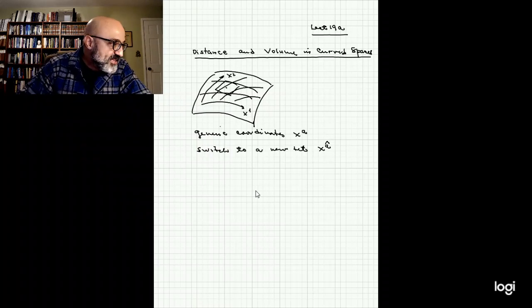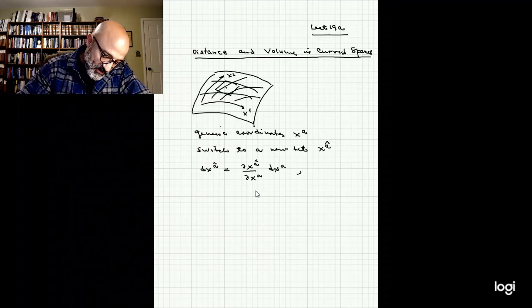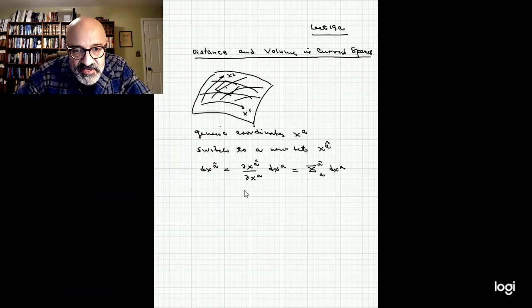The change is done in the standard way, where we say, if you have a small displacement in the new coordinates, this is going to be given by these derivatives, dx-hat^a, or we're going to write it in terms of this transformation matrix, dx^a, where it is implicit that we're summing over the index a.